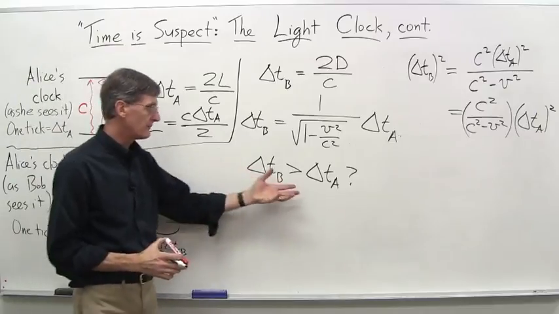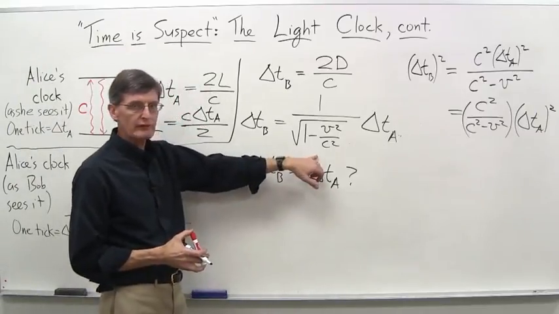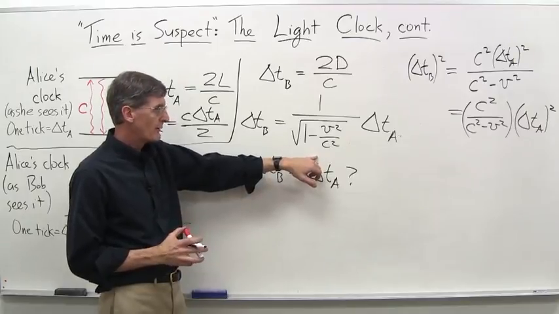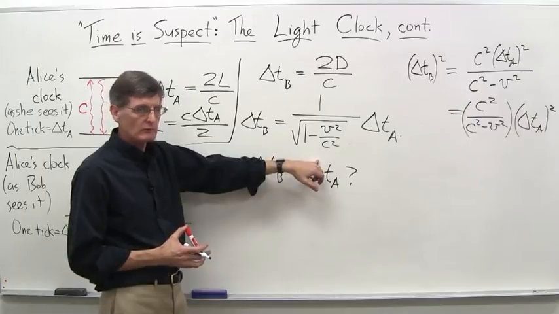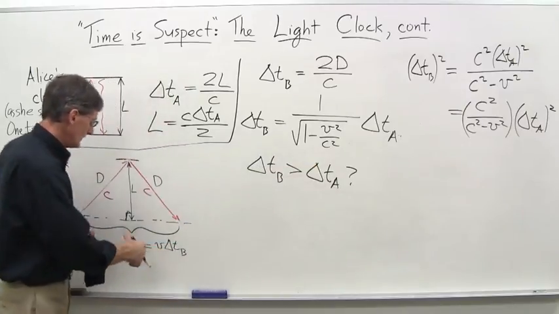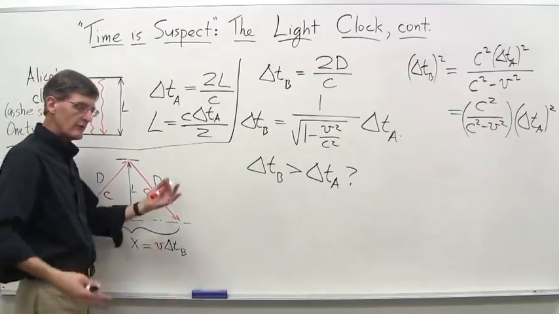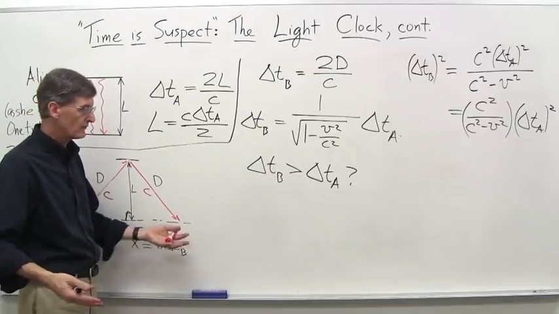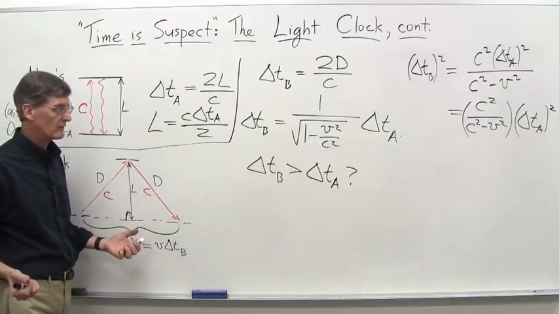So let's just think about this a minute. And let's also think about a couple extreme cases here. What happens if v is 0? Okay, if v is 0, that means Alice's clock isn't moving at all. It's just like Alice and Bob are side by side, and they're sitting there, and they've got their clocks next to them, and they should be running the same if they're identical clocks.